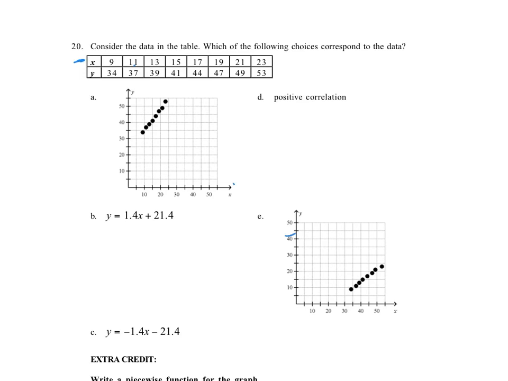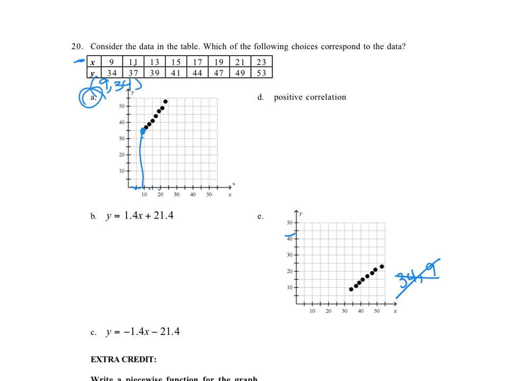The two x values are the same. So the first point should be at 9 and 34, 9 on the x and 34 on the y. So it looks to me like this graph has the right x value because this has 34, 9. And that's not correct. So this is our first graph, so that's a good thing to show us.